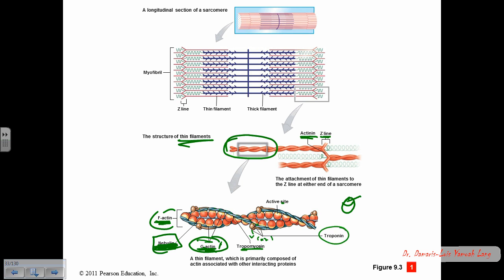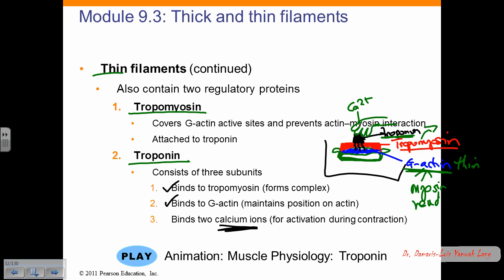The troponin is attached to three parts: the tropomyosin, the G-actin, and another part that is yet to attach to calcium. So that's what I showed you with my analogy of the lid. This is the troponin, which has calcium, which is my hand. And you're going to see how calcium is what will lift the whole lid off.